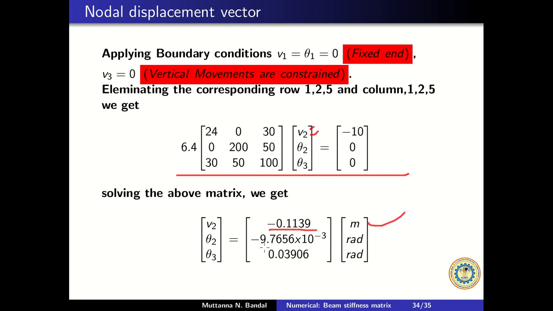Theta 2 is minus 9.7656 into 10 raised to minus 3 radians. Theta 3 at node 3 is 0.03906 radians. So with this, we complete the 3 problems on the beam.